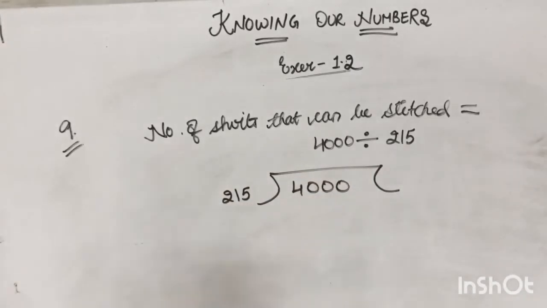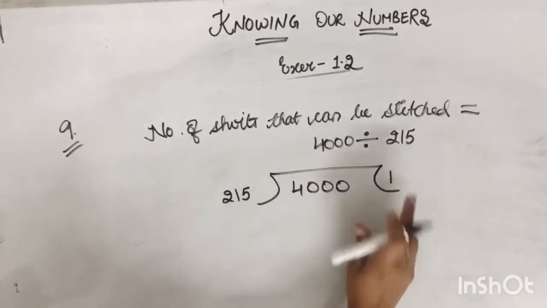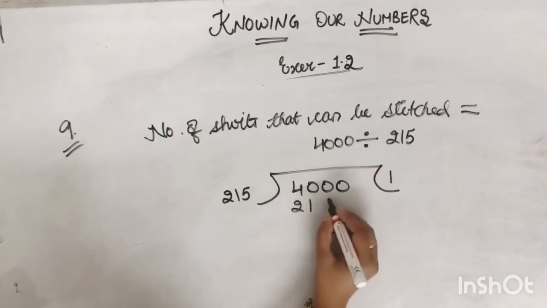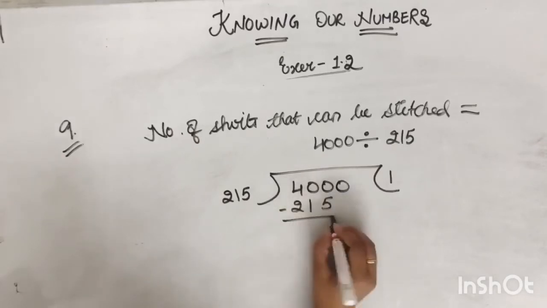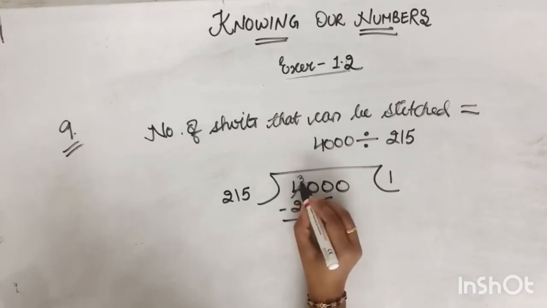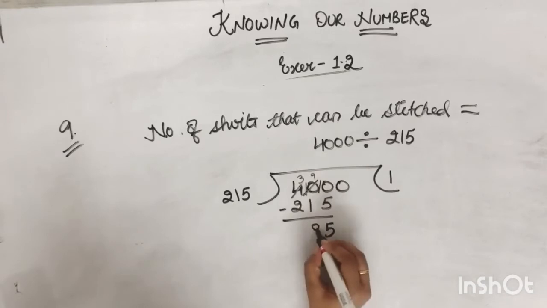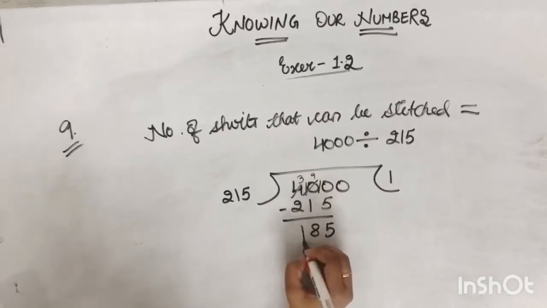So first we'll take 1. 215 into 1 is 215. So it will be 5. 9 minus 1, 8. 3 minus 2, 1.